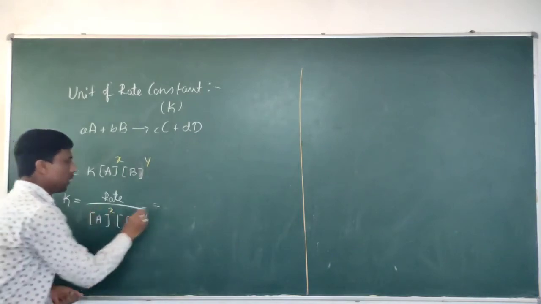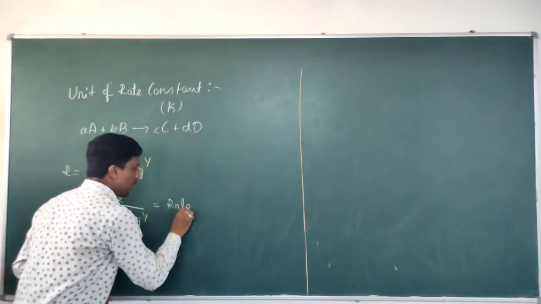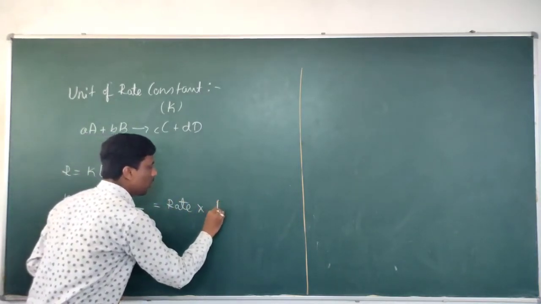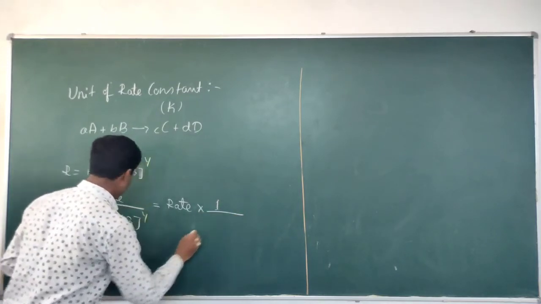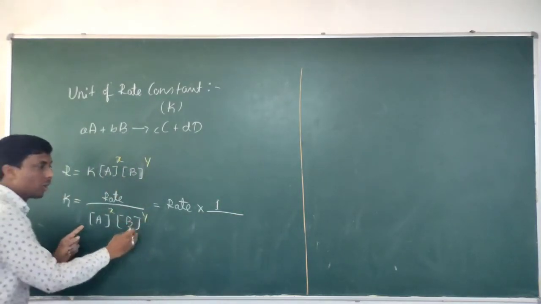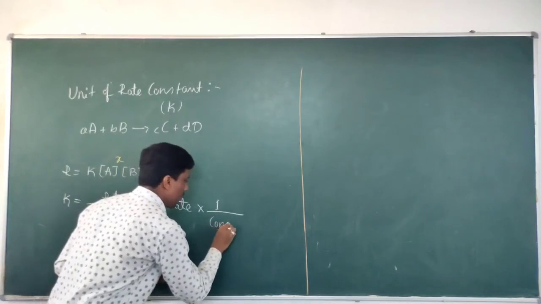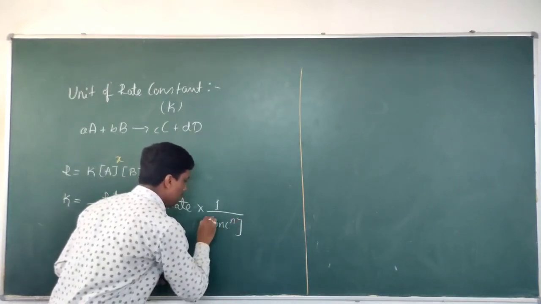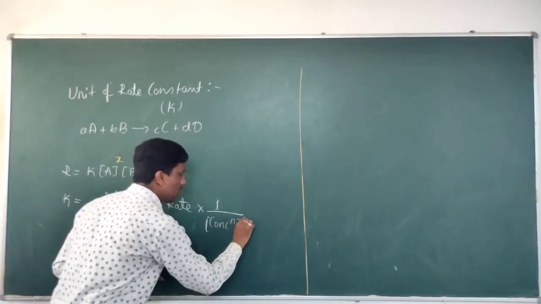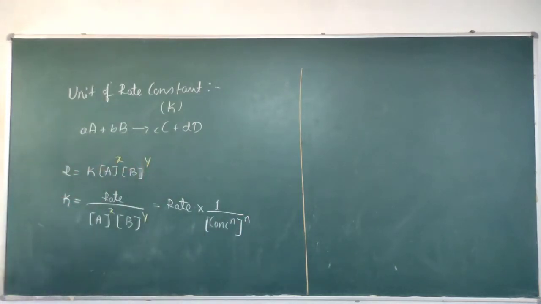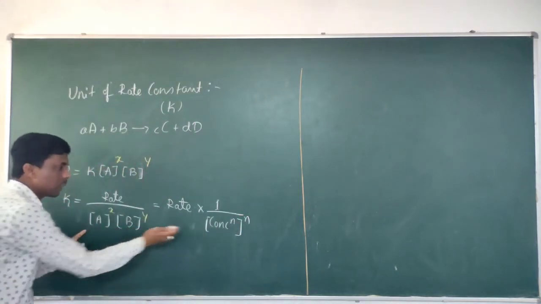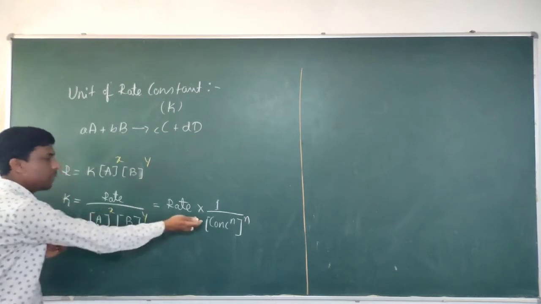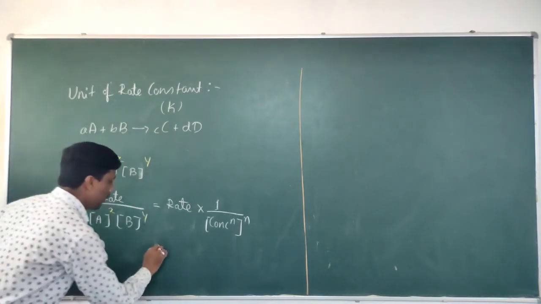It is also written as rate into 1 divided by concentration raised to some power n. Is it? Let me simplify this step. How is that?